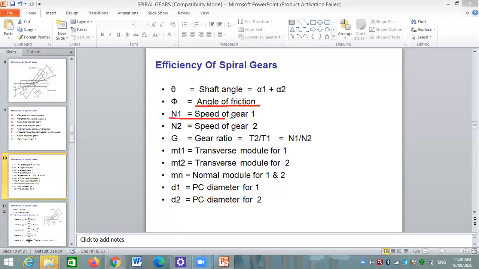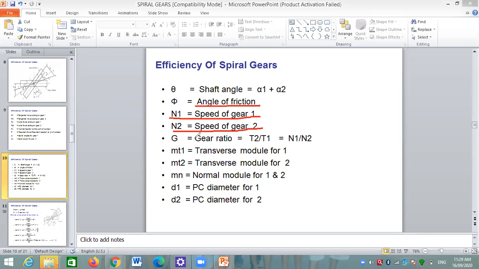N1 is the speed of gear 1, N2 is the speed of gear 2, G is the gear ratio, and it is equal to T2 by T1 or N1 by N2. Then MT1 is the transverse module for gear 1, MT2 is the transverse module for gear 2, and Mn is the normal module for gears 1 and 2.